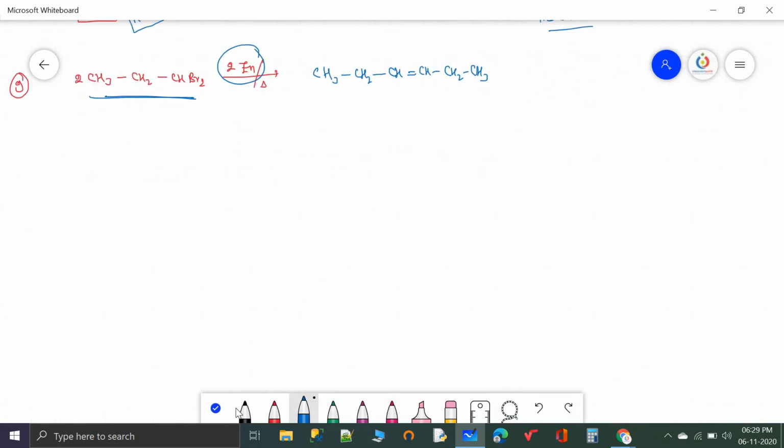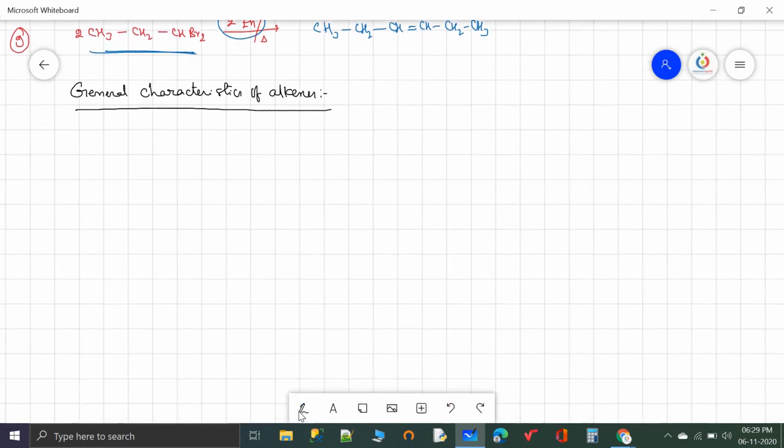Now let us start the general characteristics of alkenes. Here some certain things we need to write down.